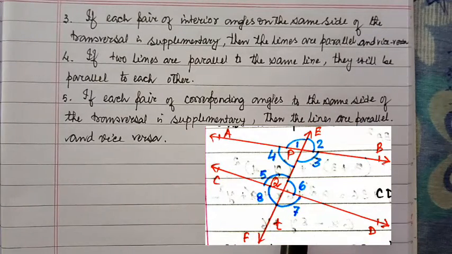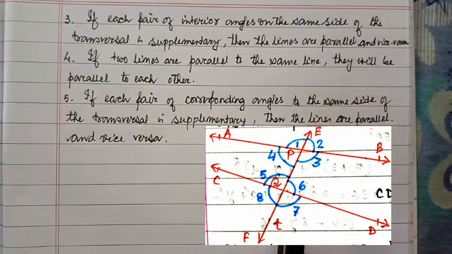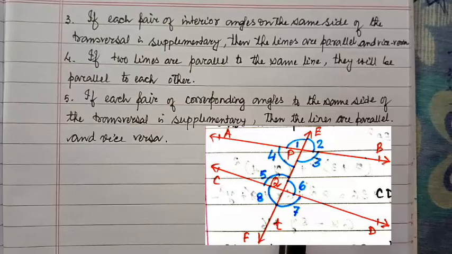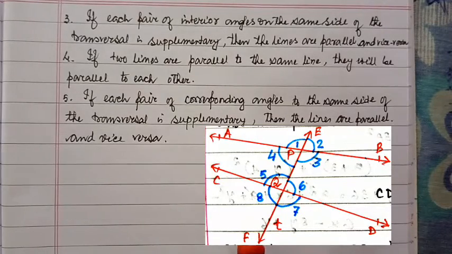Lines AB and CD will be parallel to each other if angle 1 plus angle 5 is equal to 180 degrees, or angle 2 plus angle 6 is equal to 180 degrees, or angle 4 plus angle 8 is equal to 180 degrees, or angle 3 plus angle 7 is equal to 180 degrees. That is, the sum of the pair of corresponding angles on the same side of the transversal is supplementary.